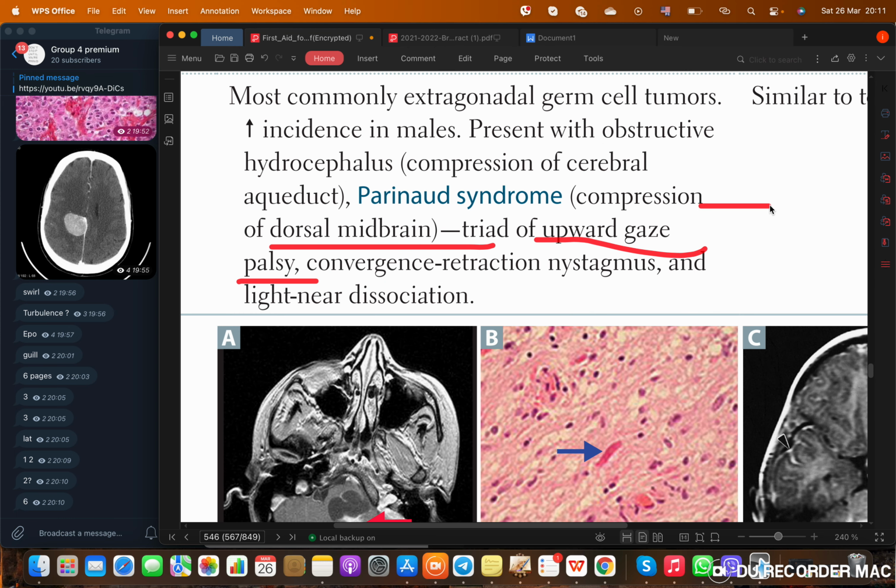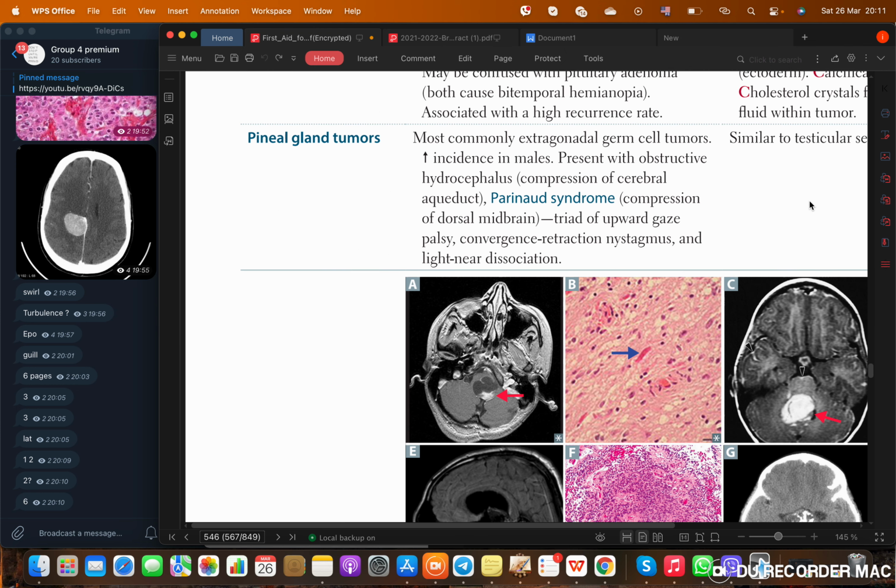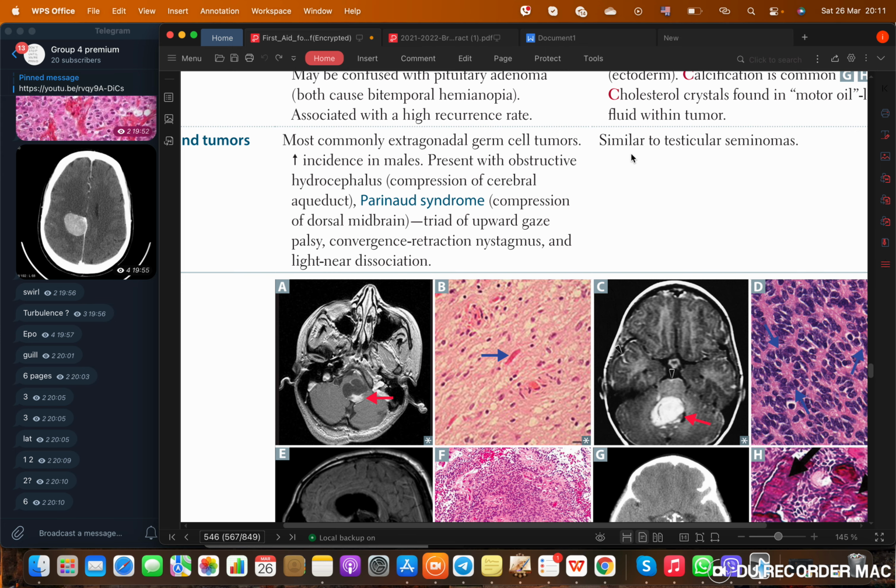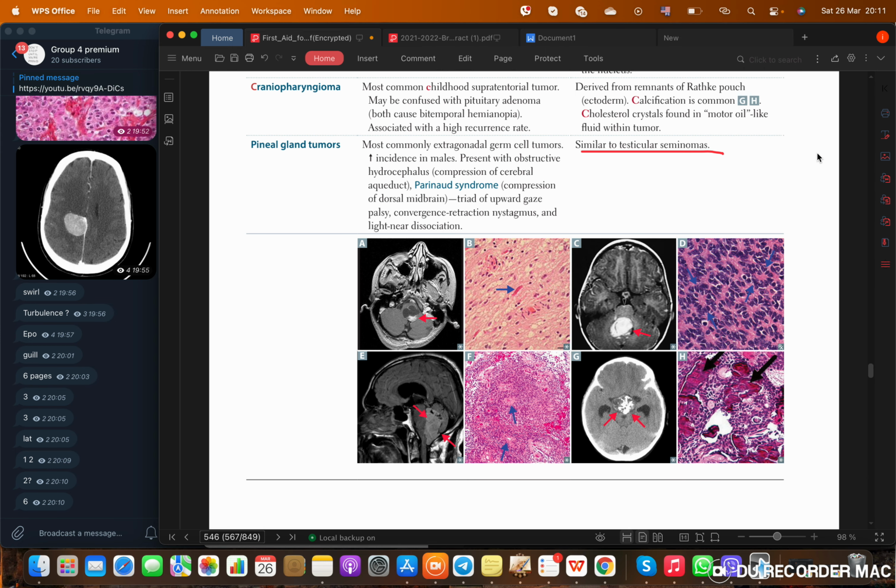And convergence-retraction nystagmus, basically when you make them converge their eyes, they will start shaking. And light-near dissociation. Similar to testicular seminoma in histology, in which you will also see a fried egg appearance. Okay?